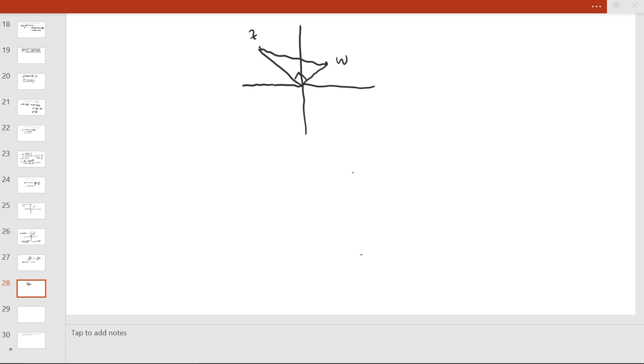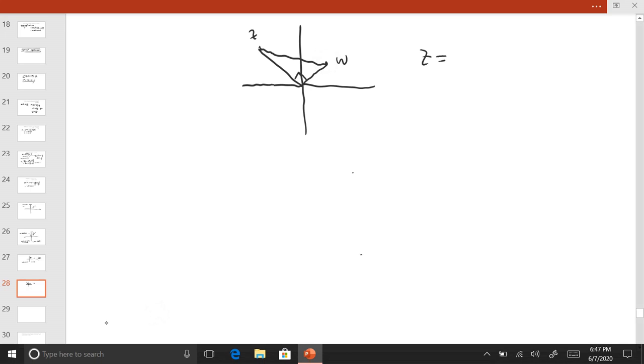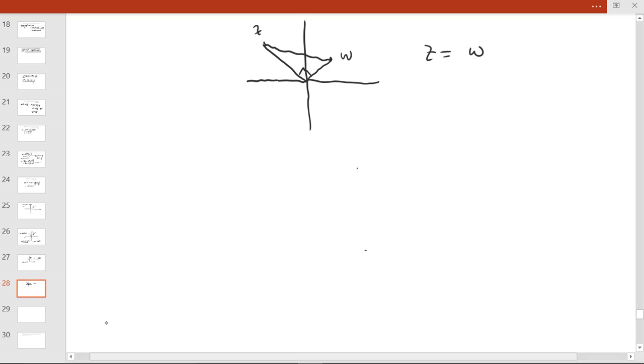To do this, we see that z must be some scalar of a rotation of the complex number w, by rotating w 90 degrees, which produces the complex number w cis pi over 2, and by scaling that by some factor r, we get this relationship.